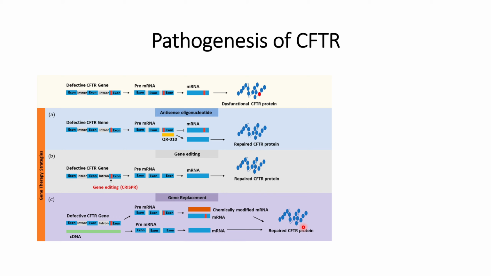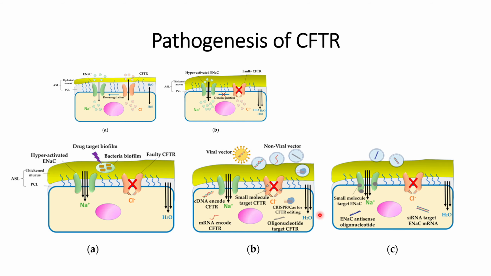And this repaired CFTR protein will function as normally as the actual CFTR protein. So here the first figure, or the top figure, shows what the defect of CFTR looks like, and the second figure shows what the possible cases are, that include the cases that we have discussed in the previous slide.